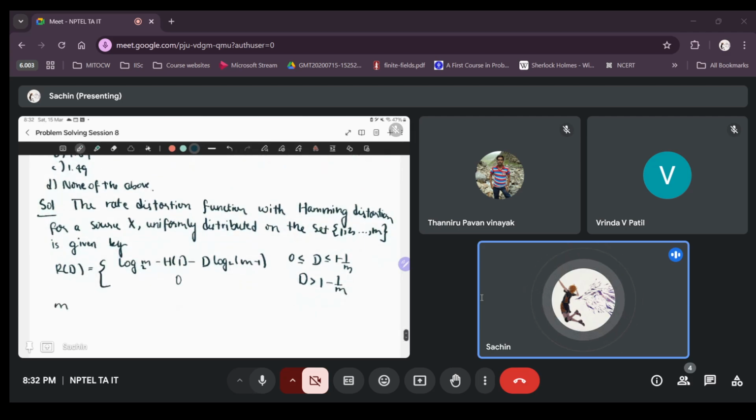In this case, m is equal to 8. X takes the values from the set 1 to 3 up to 8. 1 minus 1 over m is 1 minus 1 over 8, which is 7 over 8, which is 0.875.